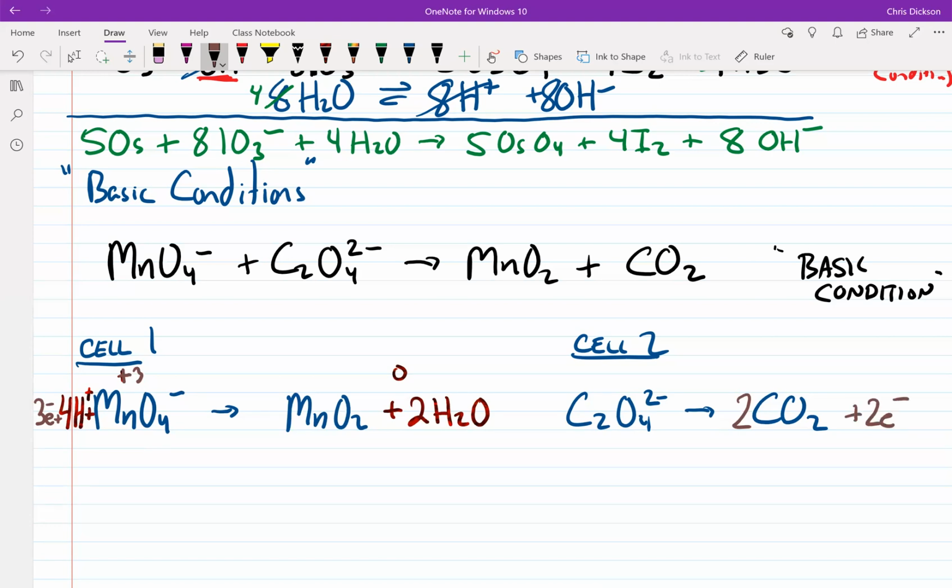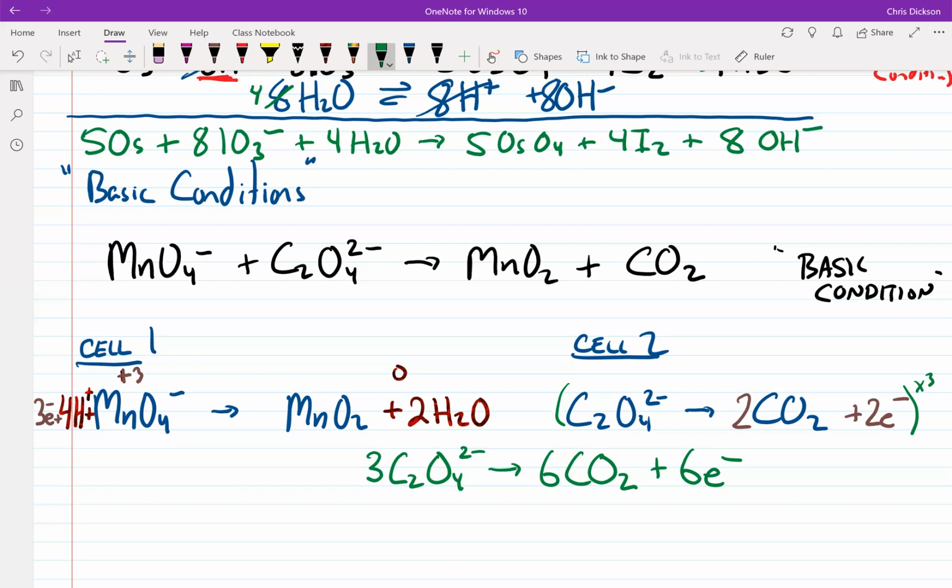Okay, so now I've got 2 electrons being made and 3 electrons being consumed. So I need the lowest common multiple here, which would be 6. So I need to times this reaction by 3, and that would give me 3 C2O4 2 minus, going to form 6 CO2 plus 6 electrons. And then this reaction here, you need to times that by 2 because I need to have 6 electrons.